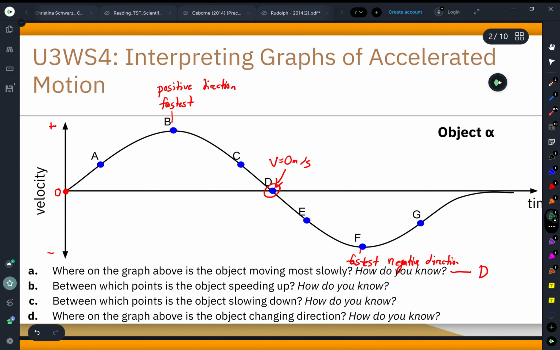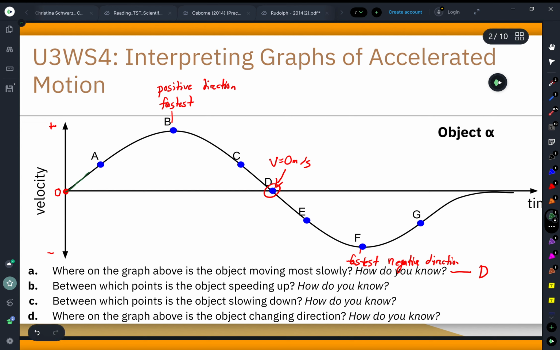Between which points is the object speeding up? Previously, on a position-time graph we had to look to see where the slope was getting steeper and steeper. But here, all we need to do is see where the graph is getting further away from the time axis, or a velocity of 0.